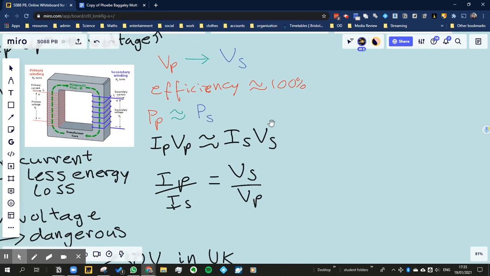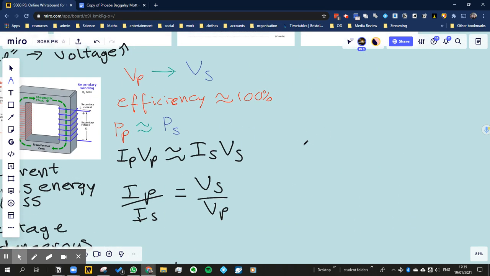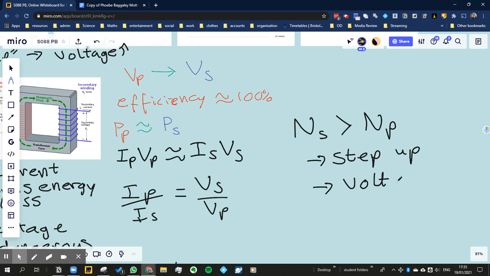If the secondary turns are greater than the primary turns, then this produces a step up transformer. That means the voltage will increase, which means the current will decrease.